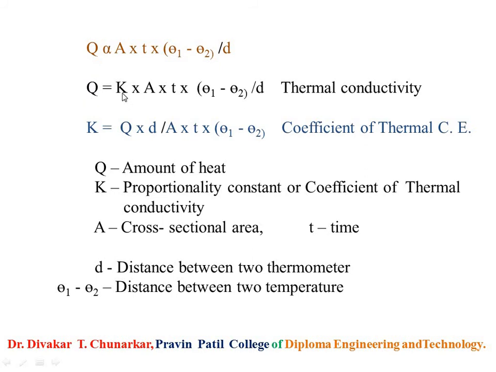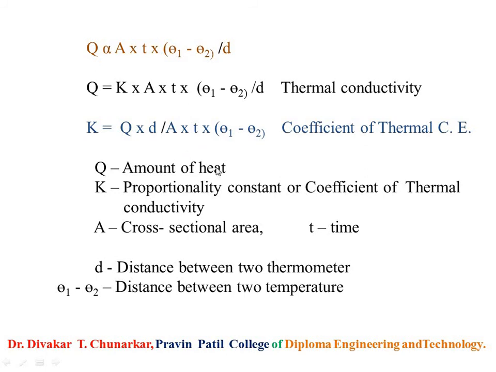And here K is the coefficient of thermal conductivity. This equation we can modify as K equal to Q into D upon A into T into theta 1 minus theta 2. So this is the coefficient of thermal conductivity equation.